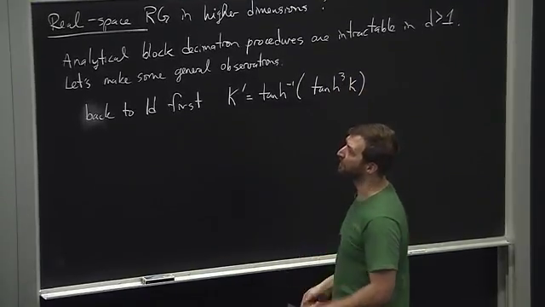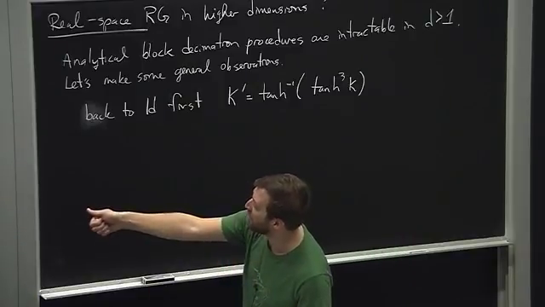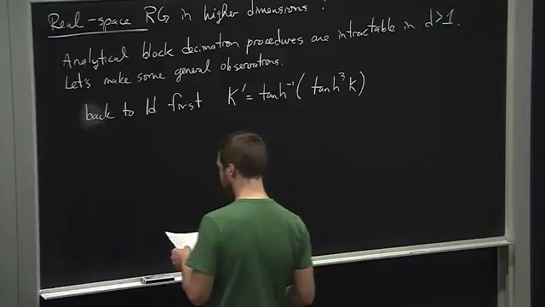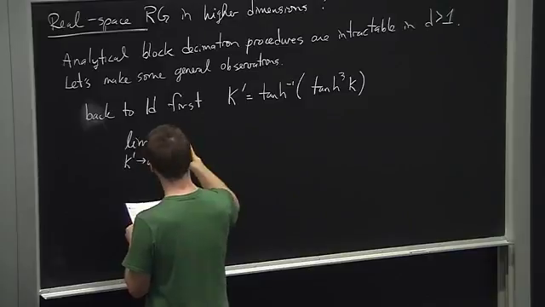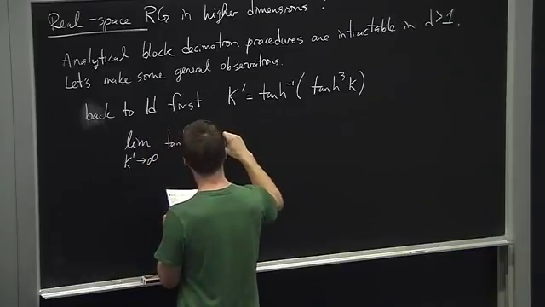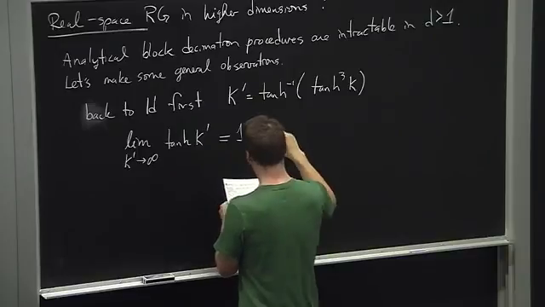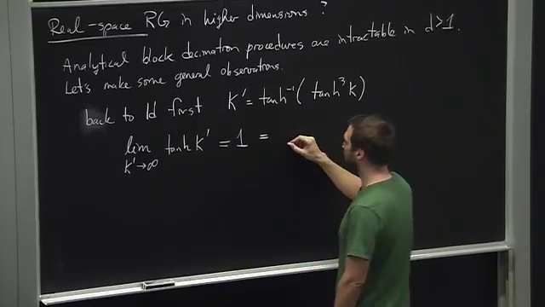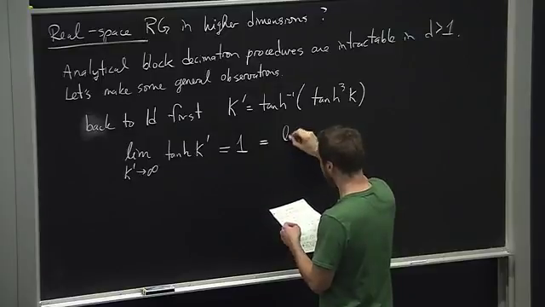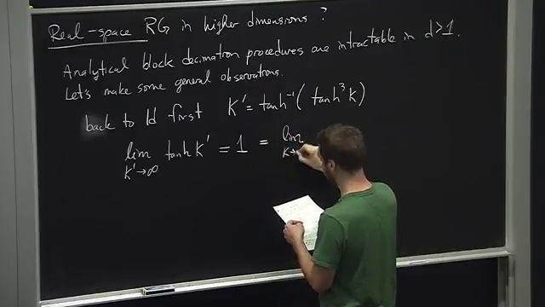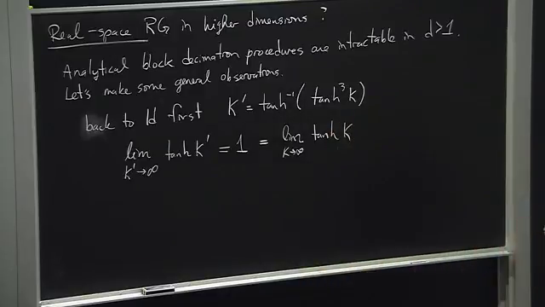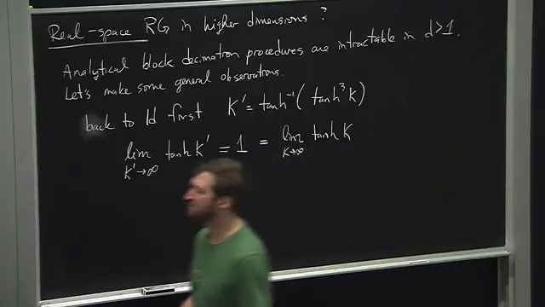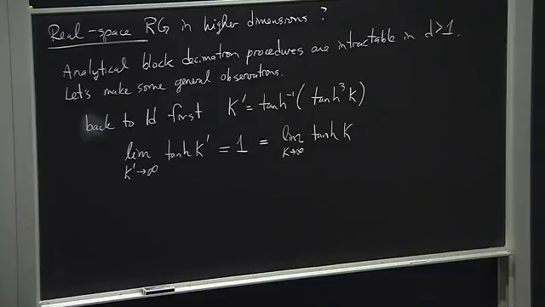If I took the limit, so I want the limit of K, say K prime, going to infinity, so down at 0 temperature. That limit is also the same limit if I took it just in the original variable K. So near that fixed point, physically, I don't care whether I'm in the original or the rescaled variables.